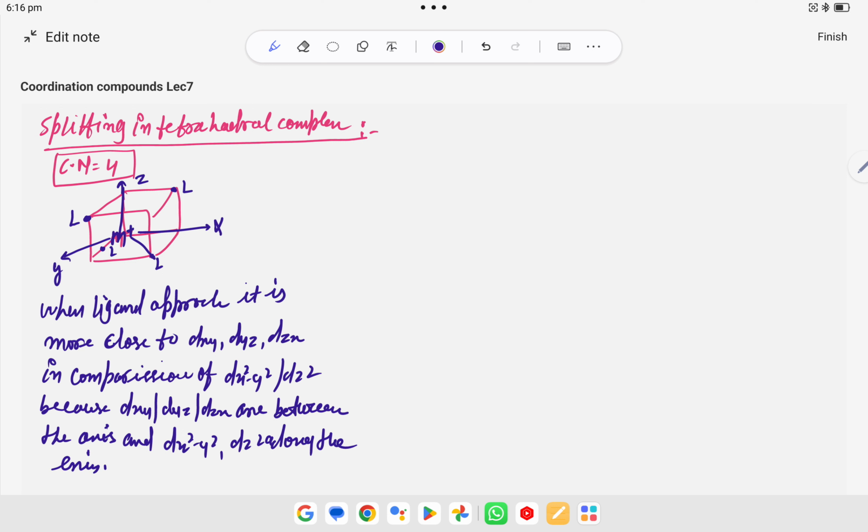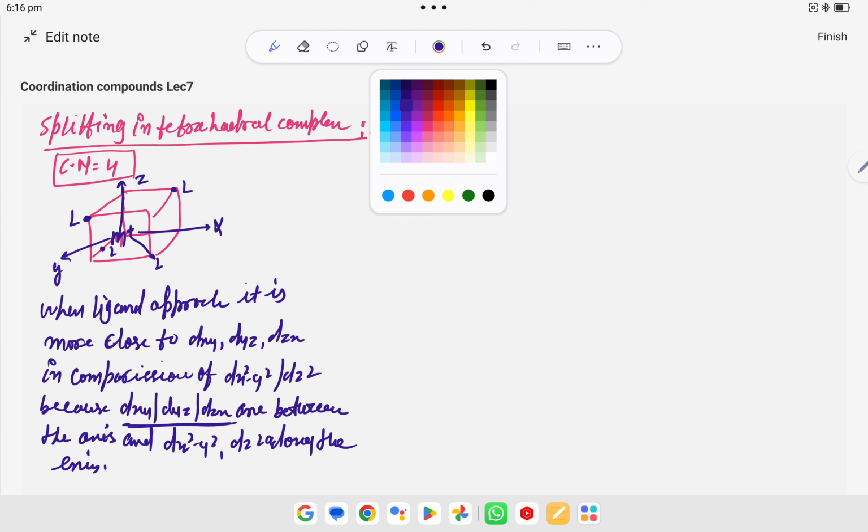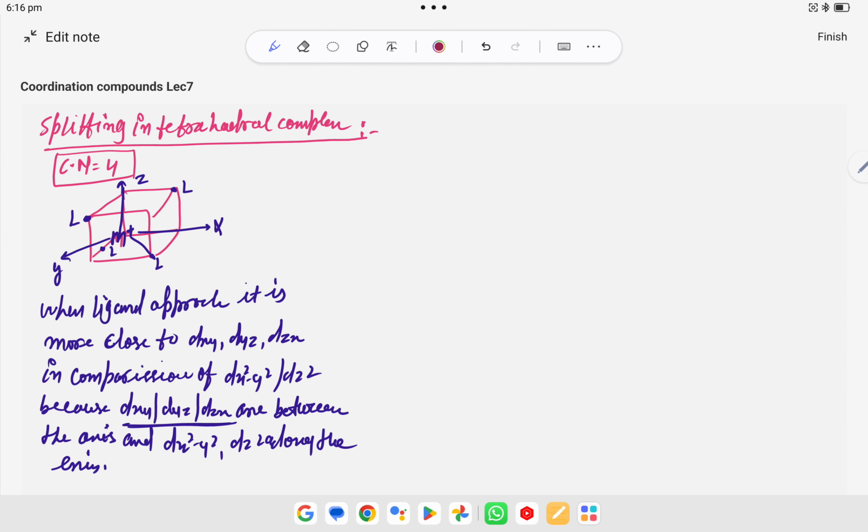So what is the difference? These three orbitals feel more repulsion as compared to these two.